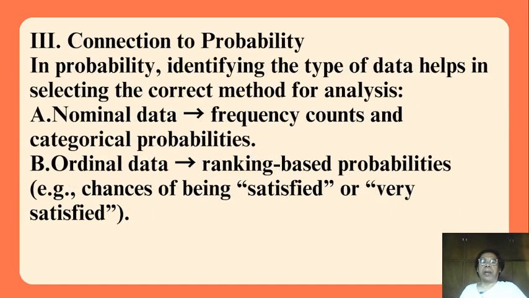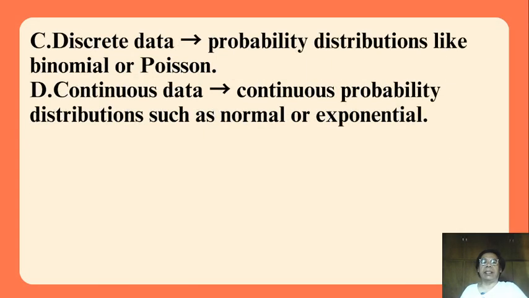Connection to probability. In probability, identifying the type of data helps in selecting the correct method for analysis. For nominal data, frequency counts, and categorical probabilities. Ordinal data, ranking-based probabilities. Example, chances of being satisfied or very satisfied.